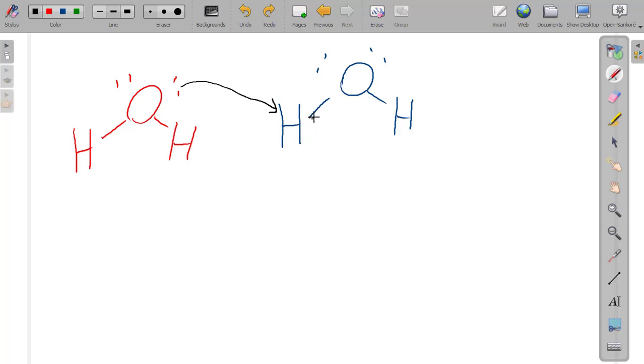The electron pair, remember the lines represent a covalent bond, which is 2 electrons. That electron pair stays with the oxygen though.